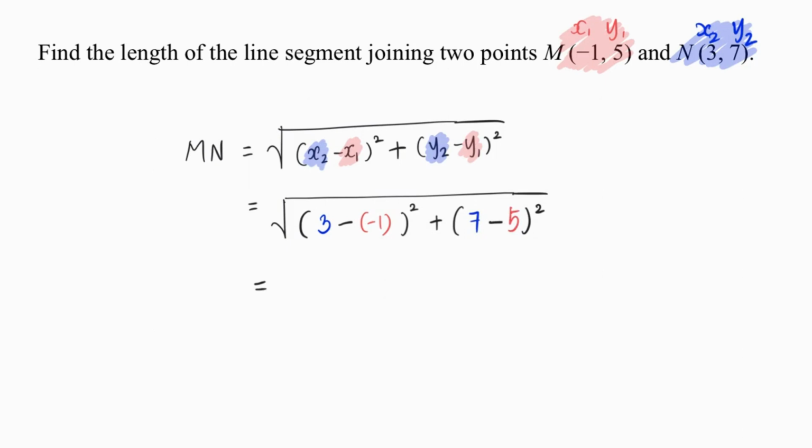After which, I just need to press my calculator and I will get my answer as 4.4721, about 5 to 6 significant figures, followed by 3 significant figures, 4.47 units to 3SF. Alright, and we are done with this question. Let's move on to the next example.